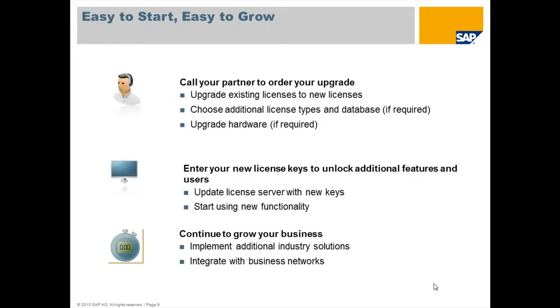Implement additional industry solutions to expand the functional footprint of the overall application, and even start integrating with your business network, with your trading partners, exchanging business documents with them, even integrating with a head office or other subsidiary offices, utilizing some of the rich functionality of what we call SAP Business One integration for SAP NetWeaver. So, that's out of the box functionality that delivers that integration. So very easy for you to take that step up when you need to.